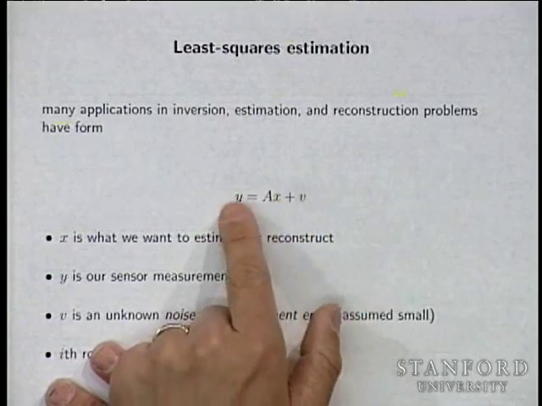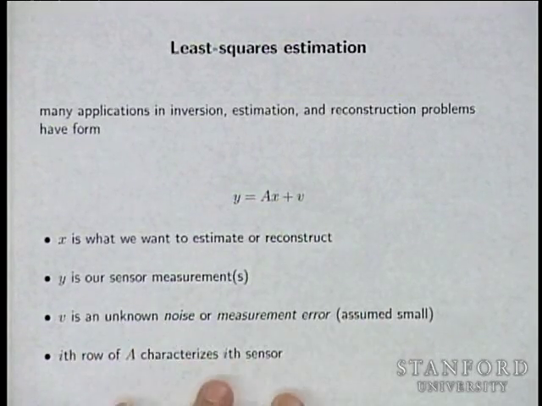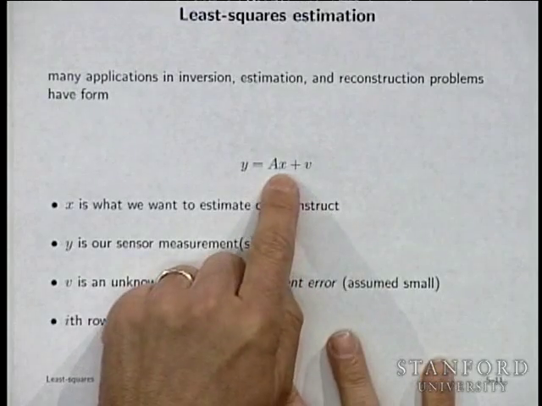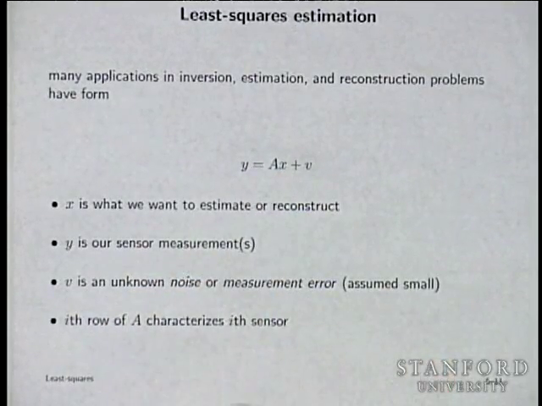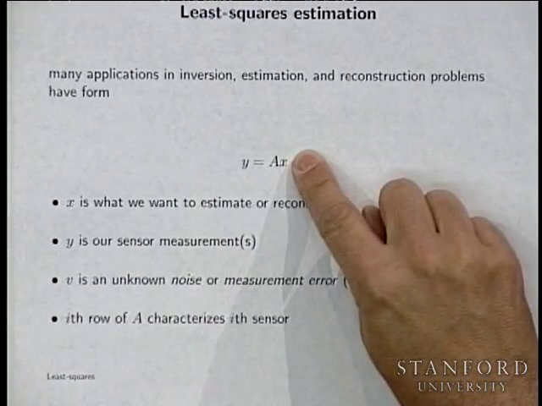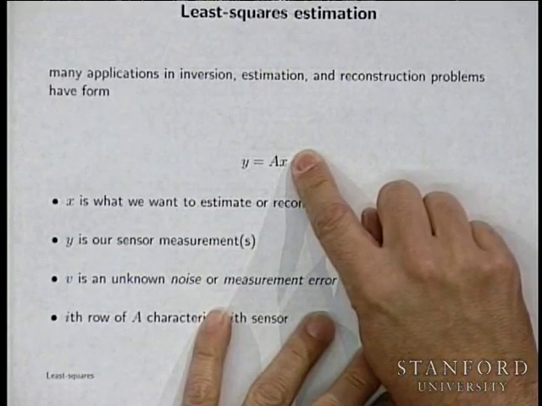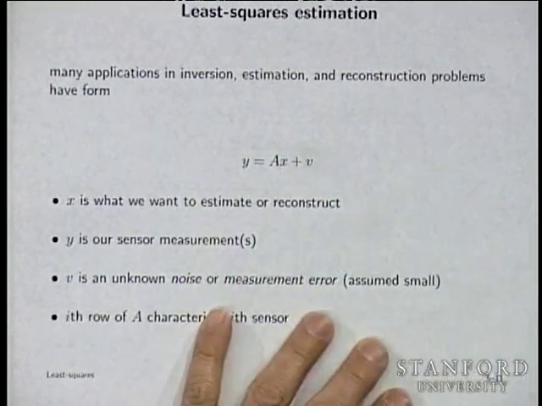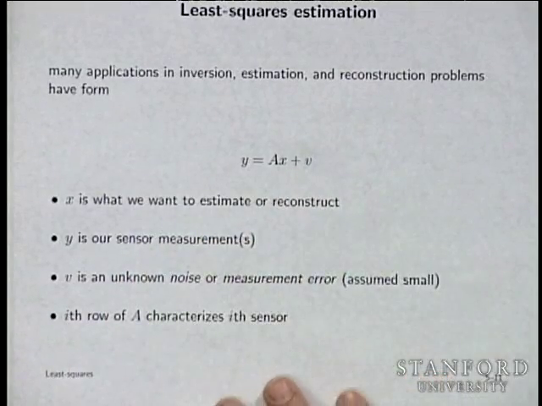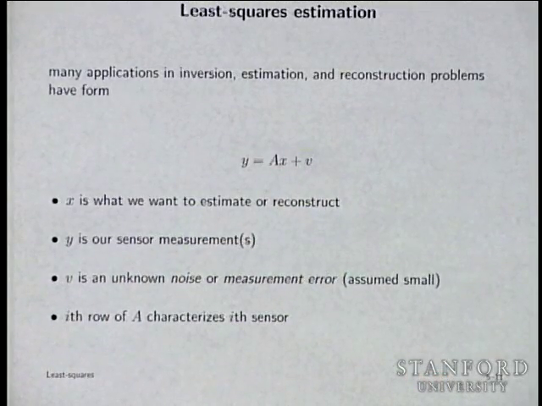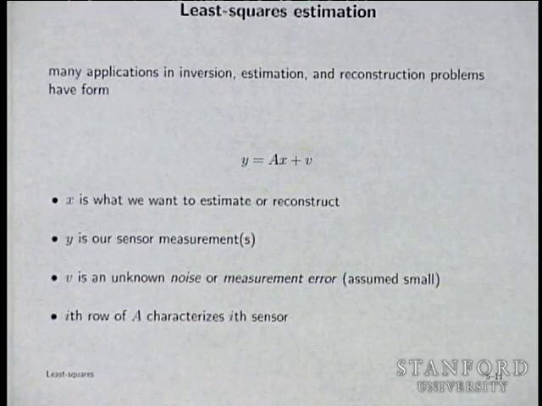So the real picture is y equals Ax plus v. Now you want to reconstruct x given y. If there were no v, you could reconstruct it exactly if A is full rank and skinny. Exactly. But in fact, now there's an error. And now I'll tell you the sad news. You cannot reconstruct x exactly if there's noise.